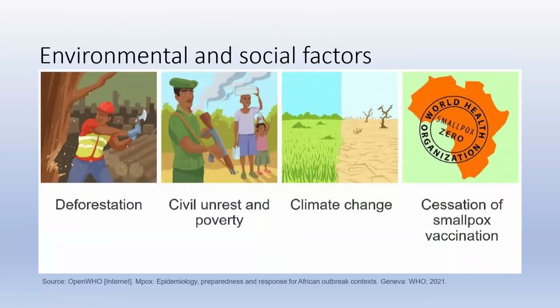Climate change, and also importantly, cessation of smallpox vaccination, which had a protective effect against Mpox. It was stopped around 1980, so those of us who were born after 1980 and were not vaccinated are more at risk of acquiring the illness as opposed to those who were vaccinated against smallpox.